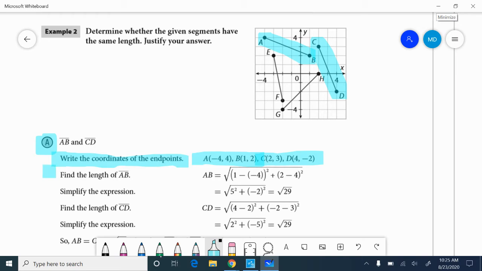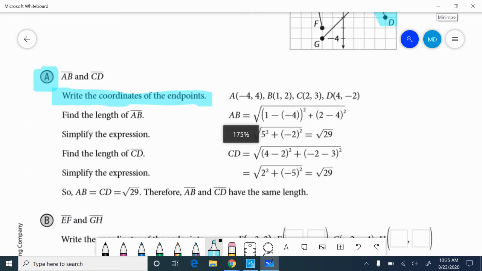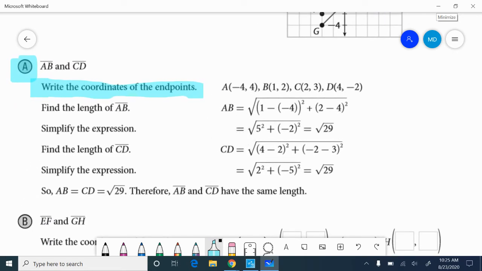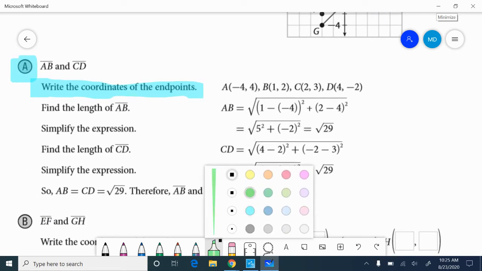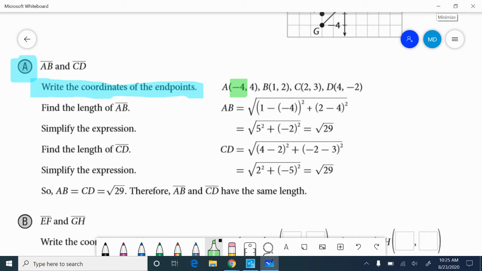And then to find the length of AB, that means we're looking at the x values. So let me use a different color highlighter to show you. If we're subtracting our x values from A and B, that's why here we have 1 minus -4.